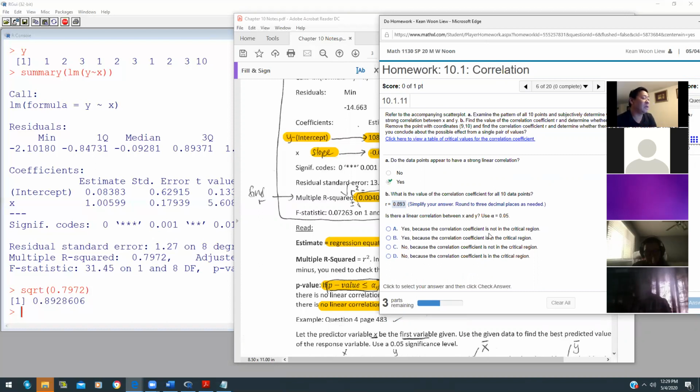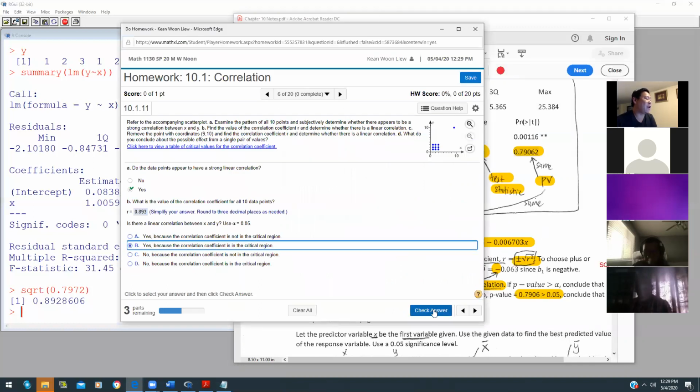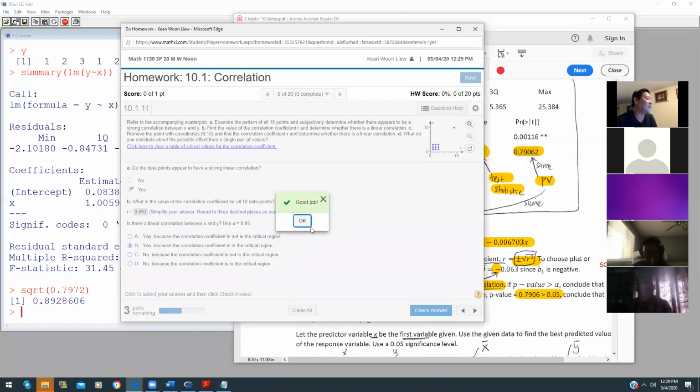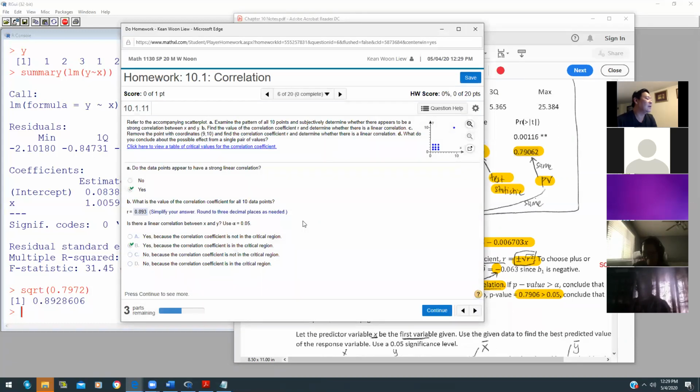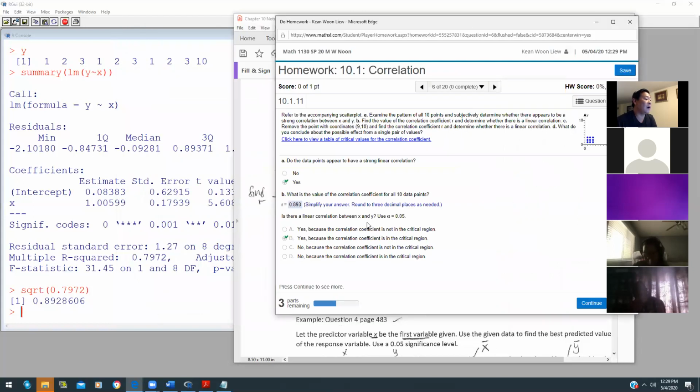The p-value should be in the critical region. I think it's B. Usually I don't ask this kind of question. Usually you just answer that there is a linear correlation, because we don't ask about the critical region here. But if you do your online homework and it's a critical region question, then if you answer yes, your answer is in. If you answer no, then it is not. So either you answer B or C.